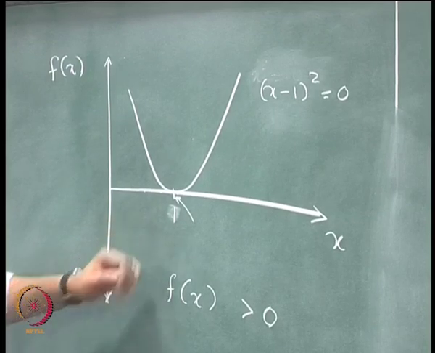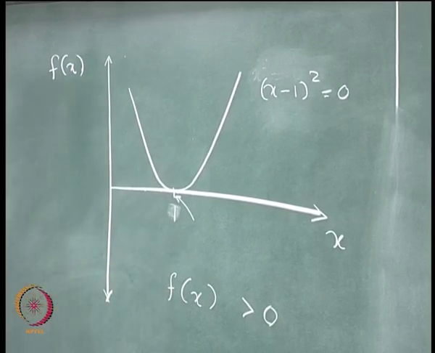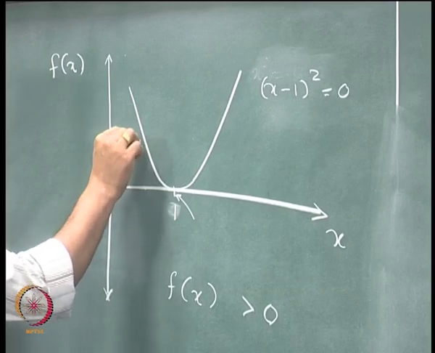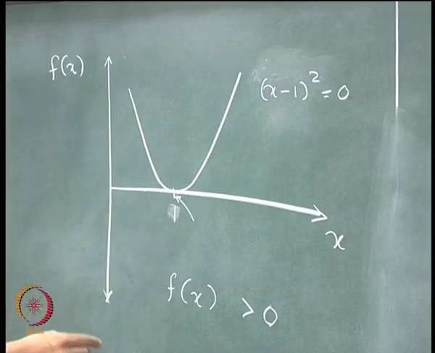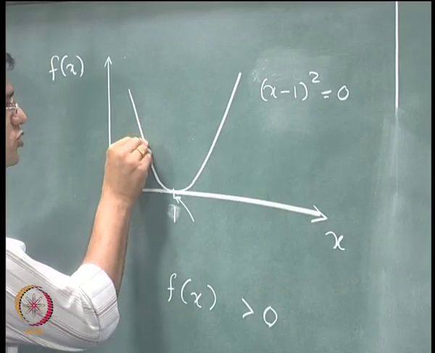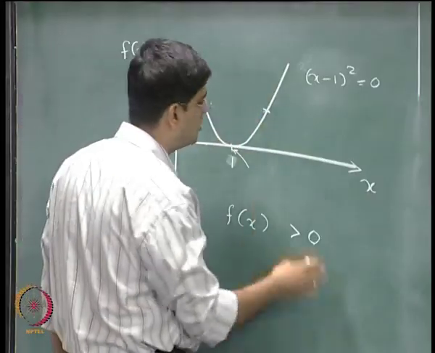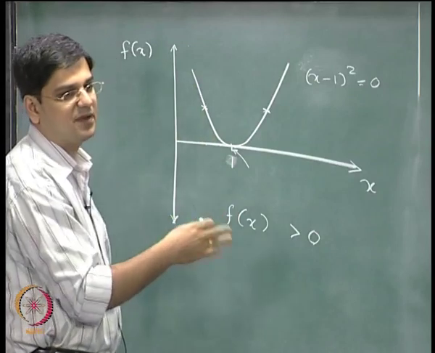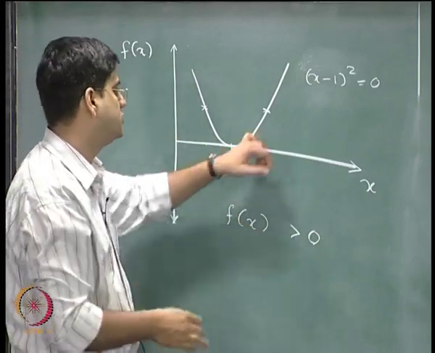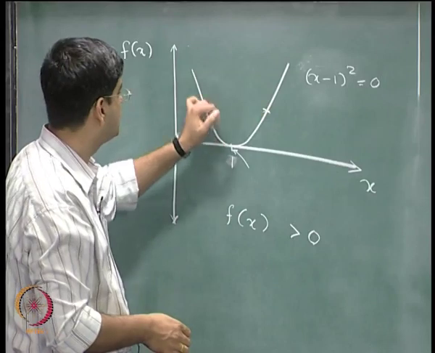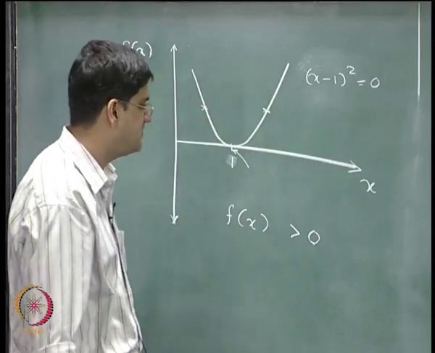Okay. So if we try to use any of the bracketing methods, we will not get any admissible solution, because no matter which 2 points you take on this curve, f of xl multiplied by f of xr is always going to be positive for this example.